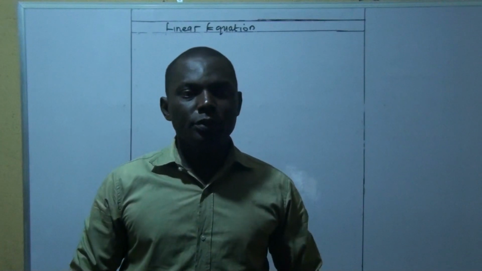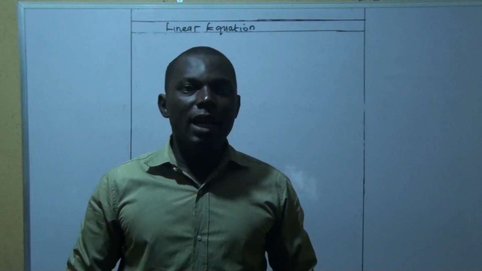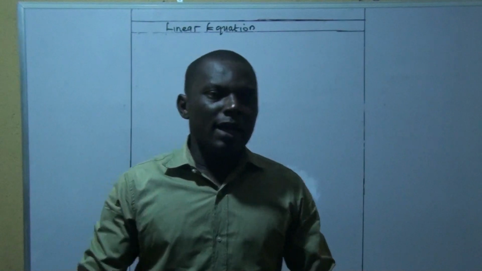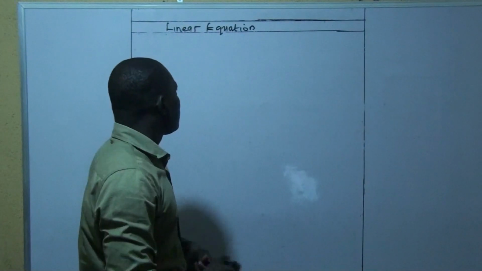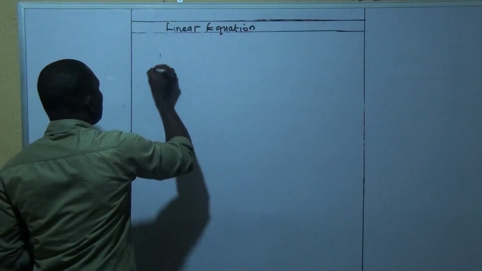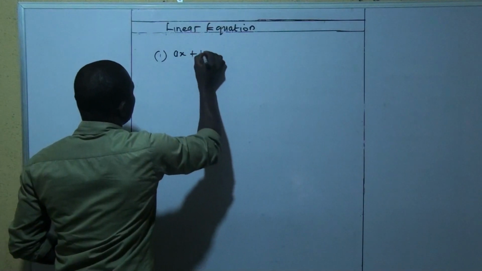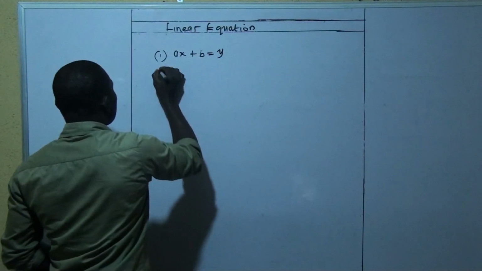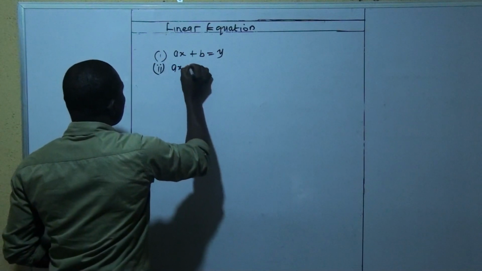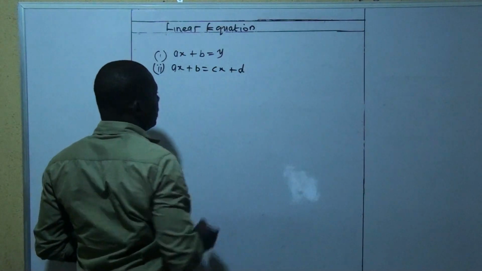And in this video, we are going to continue on linear equations. From where we stopped in our previous classes, we looked at linear equations of the form ax plus b equals y, and also of the form ax plus b equals cx plus d.